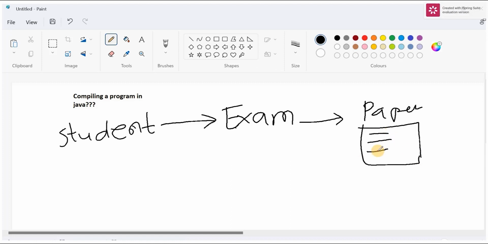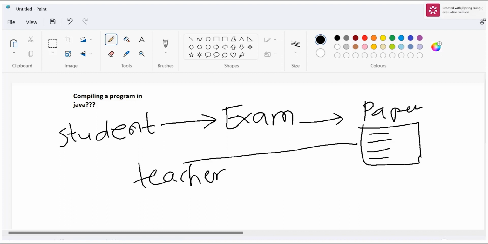These are some answers written by that student on his paper for that exam, and he will submit that paper to his teacher. This is a simple real-time example that anyone can understand. There is one student who has appeared for his exam, and he has written some answers on the paper and given it to the teacher.